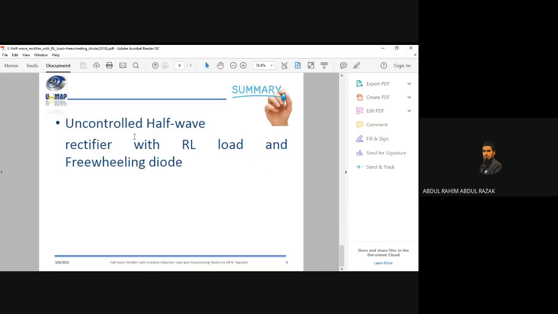So we have come to the end of this uncontrolled half-wave rectifier with RL load and freewheeling diode. So I think we end the session now.